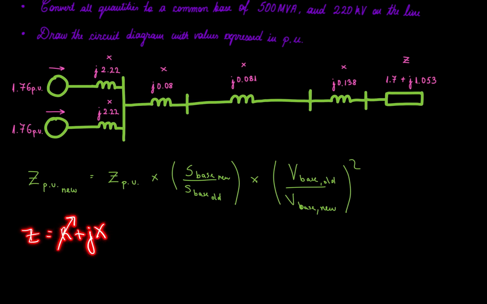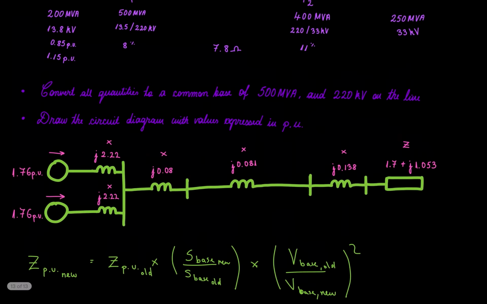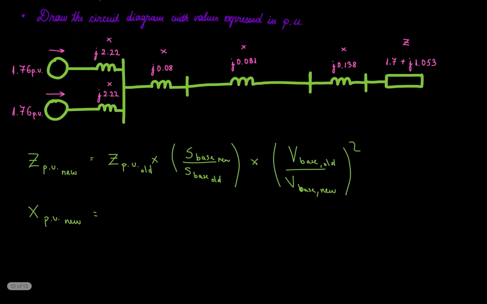We don't have R, so this is simply X. So instead of Z, we can just write X. So we can find the new reactance in per unit from the old reactance in per unit, which we know was from here 0.8. Yeah, so 0.8 times by the new base.